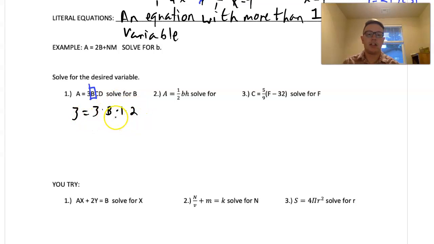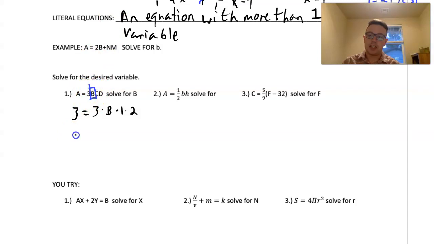If this were the equation, what would we do? Well, we'd start off by dividing everything so that we'd get B by itself. That's what we're going to do with this literal equation. If these were just numbers, we would divide. Other way to think about that, if you have other things attached, other variables or numbers attached to what you want to get by itself, you're going to have to divide.